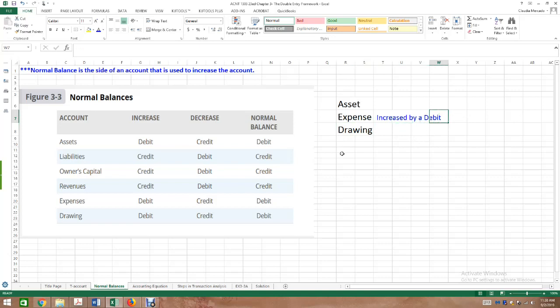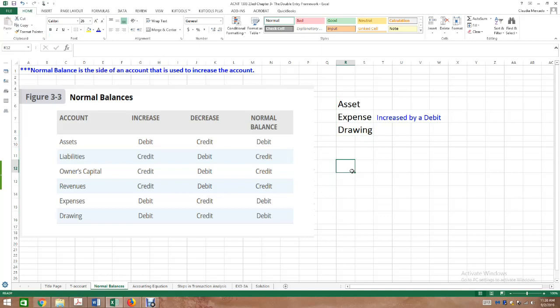Now, on the contrary, liabilities, owner's capital, and revenues are increased by a credit.